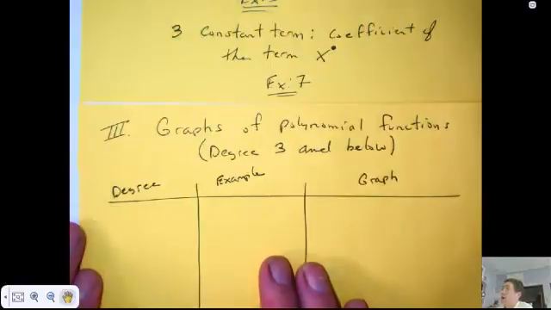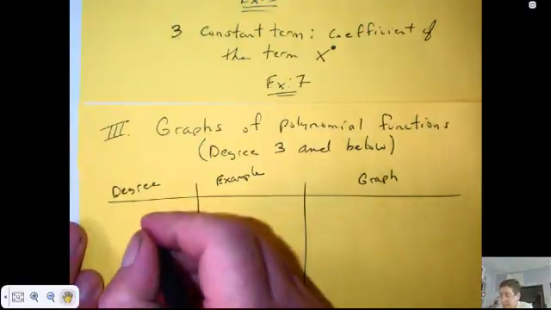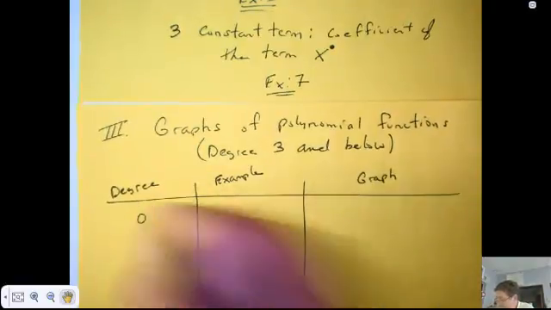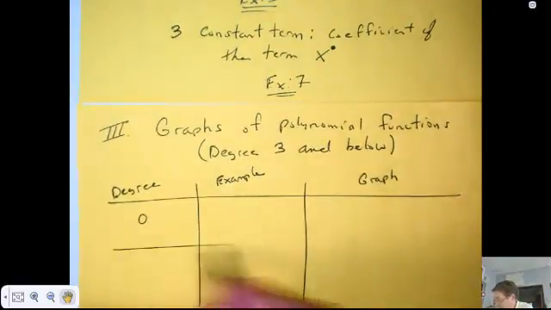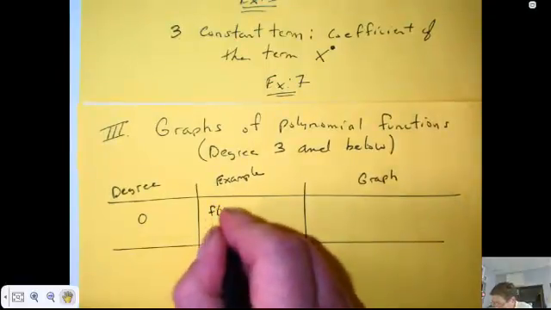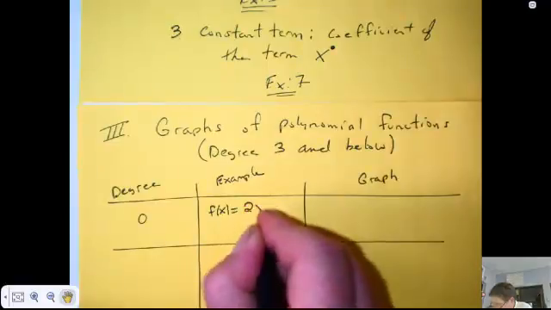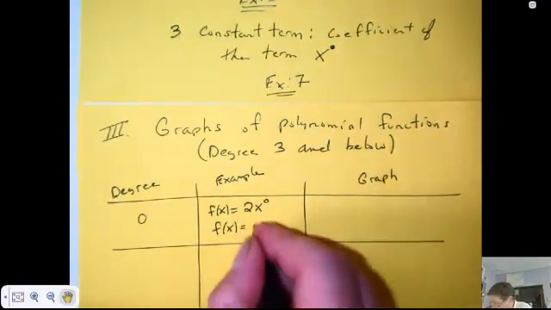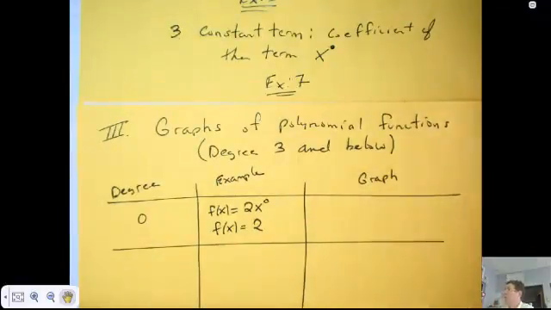So in other words, if we had a degree 0 polynomial, an example could be f of x equals 2x to the 0, which would be the same as f of x equals 2. What would that graph look like?